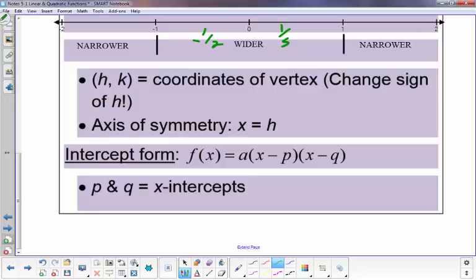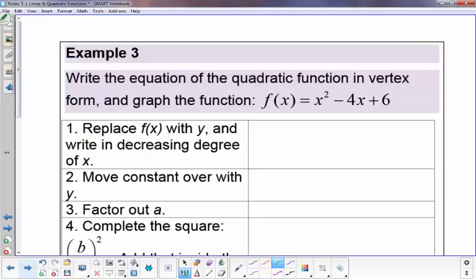And then your axis of symmetry is x equals h. Whatever my value of h, our axis of symmetry, again, is where our parabola is even on both sides. And then, of course, we have our third form, intercept form, a times (x minus p)(x minus q), where p and q are your x-intercepts. You should all remember that from last year.